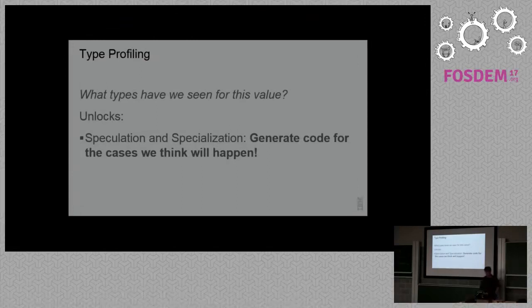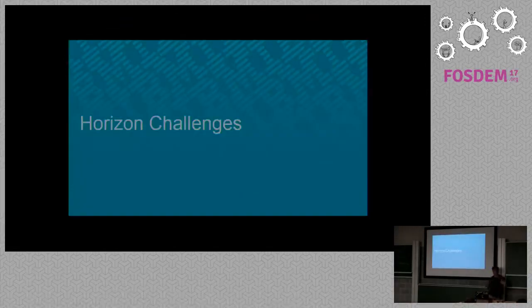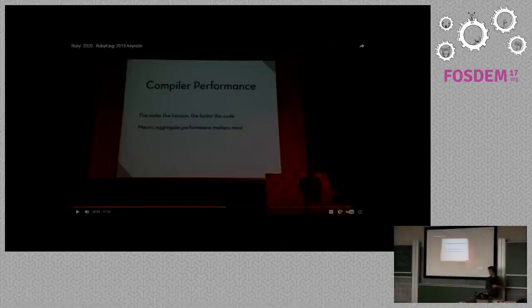There's a problem that we face inside of MRI, which is called the horizon problem, or this is what it was called when Evan Phoenix was talking about it at RubyKaigi 2015. A compiler typically will only look at one method at a time, and so it needs to be able to see a broad horizon in order to find optimization opportunities.